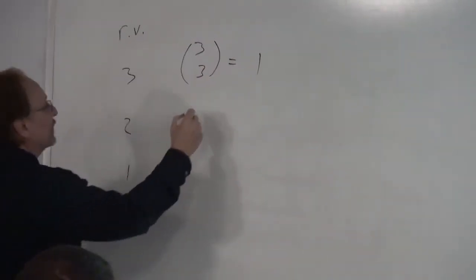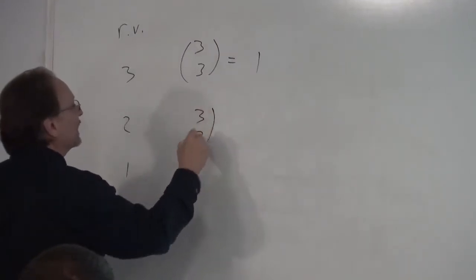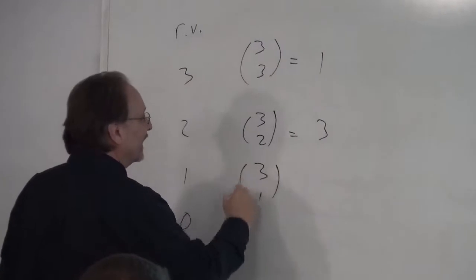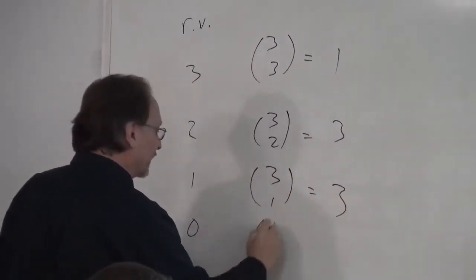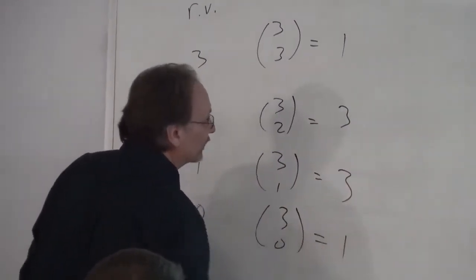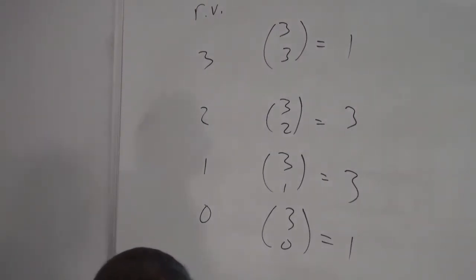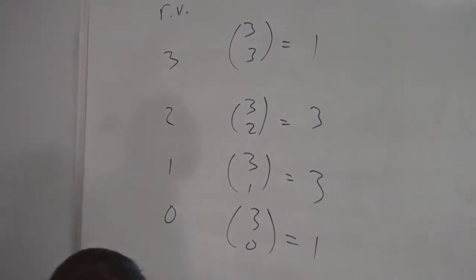For a random variable of 2, 3 objects taken 2 at a time equals 3. For 1, 3 objects taken 1 at a time equals 3. 3 objects taken 0 at a time equals 1. That's where the combination part of the binomial distribution comes from.